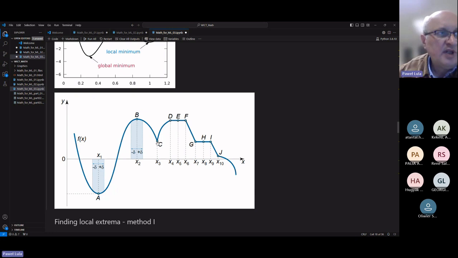Because this value is the smallest, but not for the whole domain, only for a small neighborhood of the x3 point. So therefore, we can say that here we have a local minimum. I don't know if these points A and B are global or not, because we don't know the shape of this function beyond this area which is presented here on this picture.